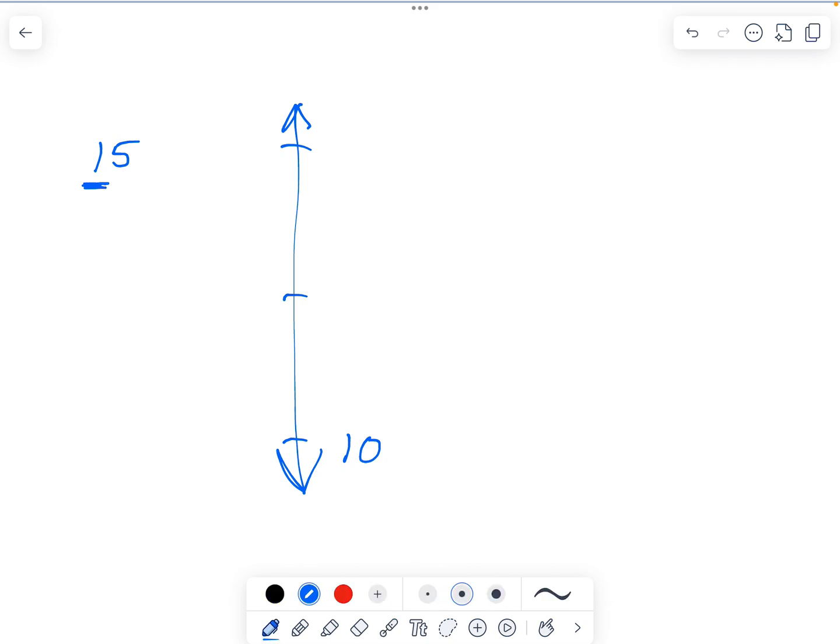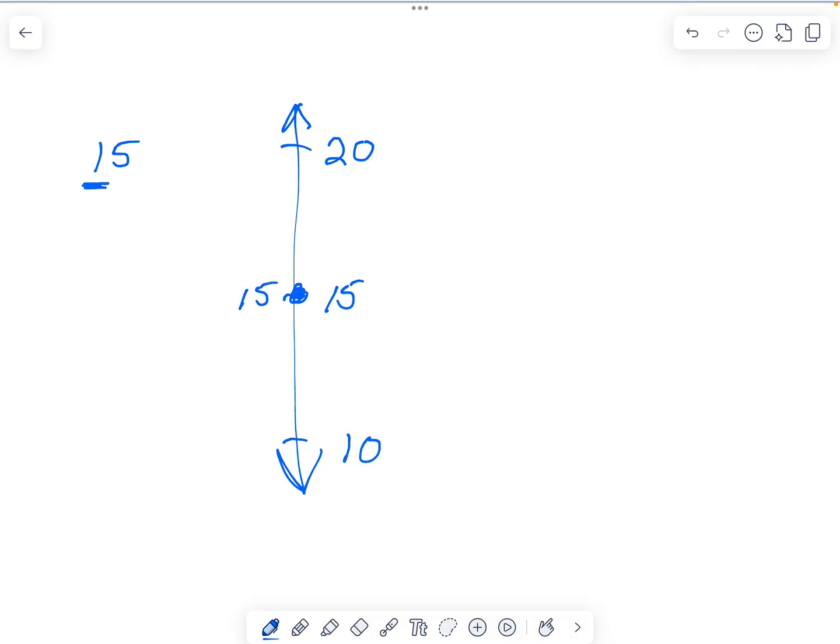And that will be 10 plus 10 is 20. Halfway between 10 and 20 is 15. So this is going to be 15. Now when I plot my 15, I find that it's right here.